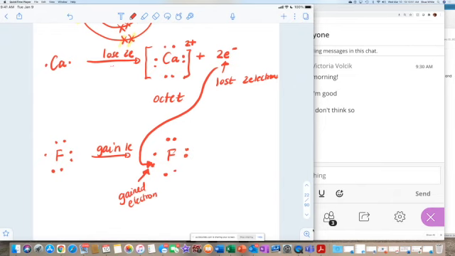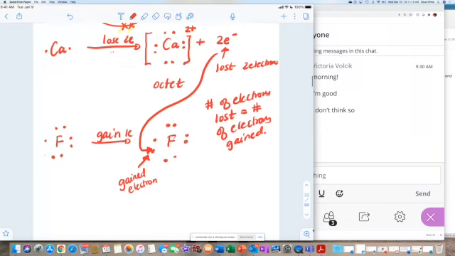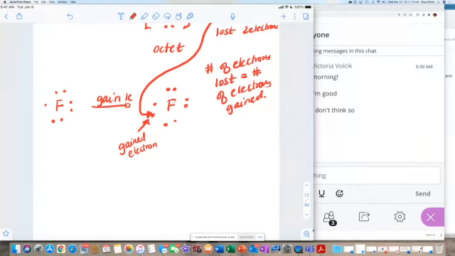But the way this works, the number of electrons lost must equal the number of electrons gained. So if 1 fluorine gains the 1 electron, then we need a second fluorine here to gain the other electron.